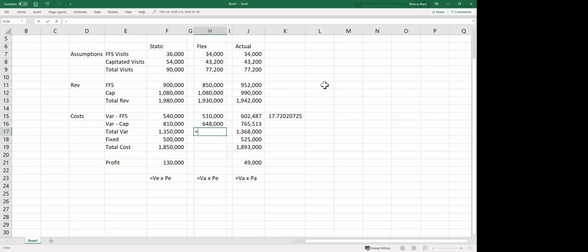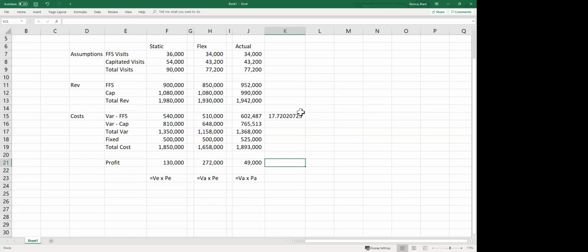And so our total variable cost is the sum of those two. And then fixed cost, because we're using the expected price, we're just going to plug in 500,000 there. And then our total flex cost is 1658. And so our flex profit would be our total flex revenue minus our total flex cost, which gives us 272.